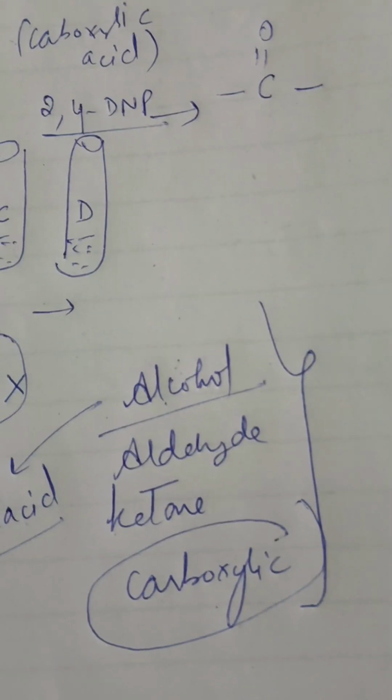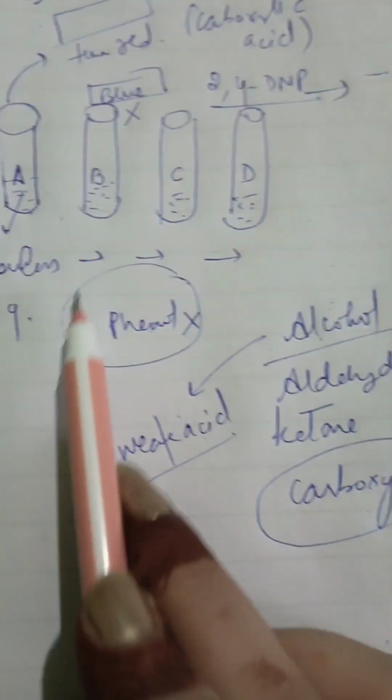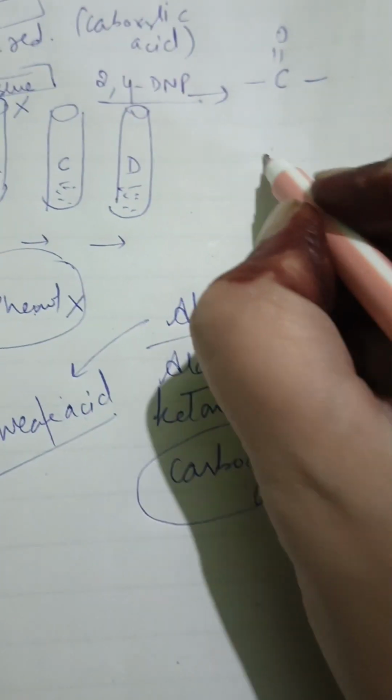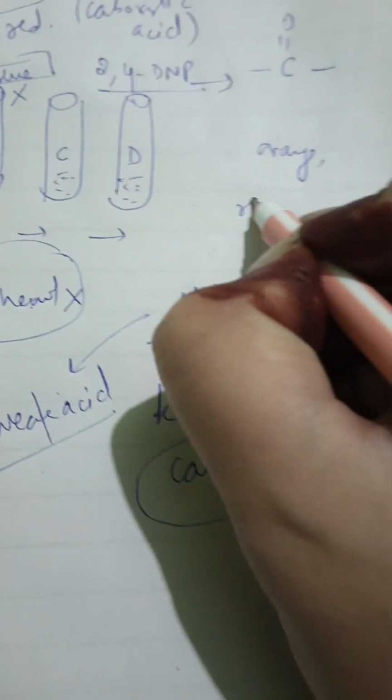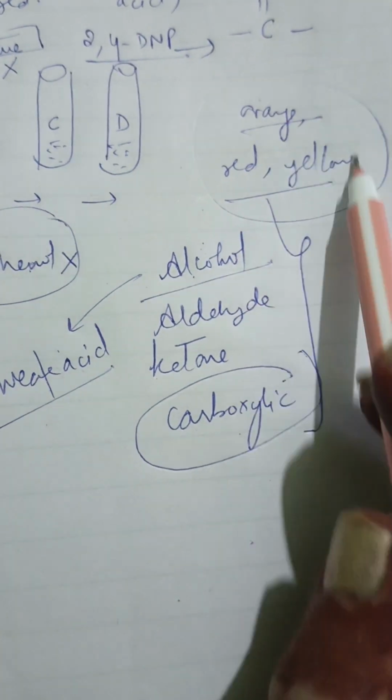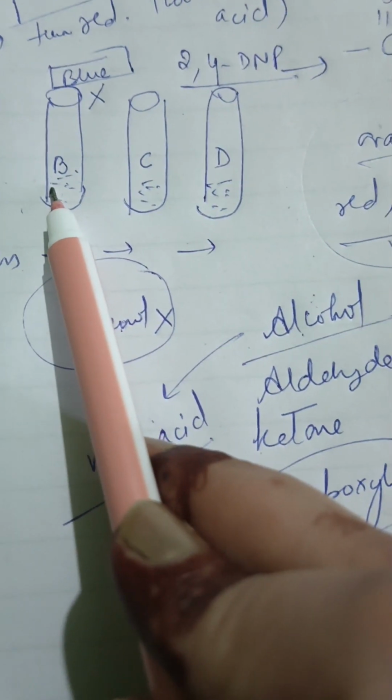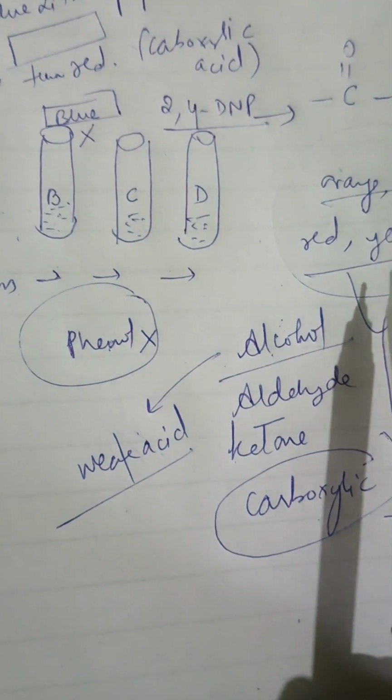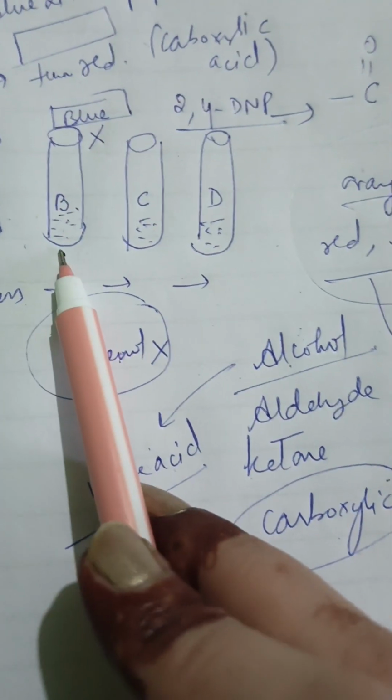If you have carbonyl group present in this sample, it will give you an orange, red or yellow PPT, any form of PPT of this color, that confirms it is a carbonyl group. If it does not give you any PPT, that confirms it is not a carbonyl group.